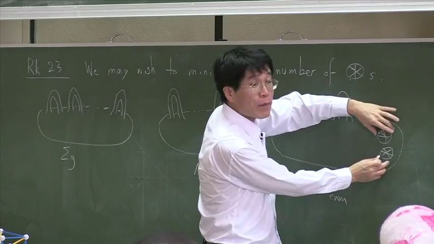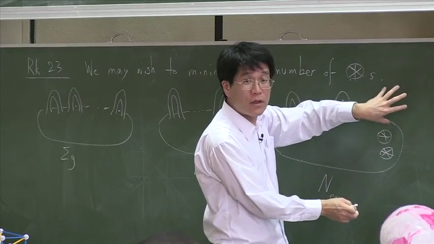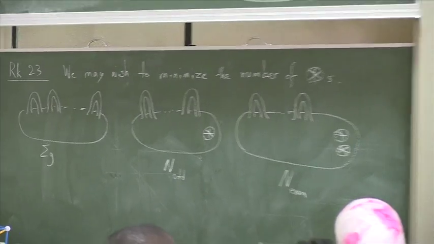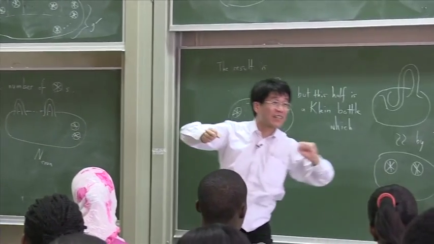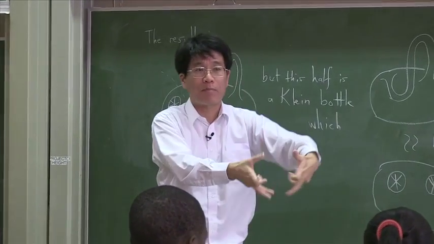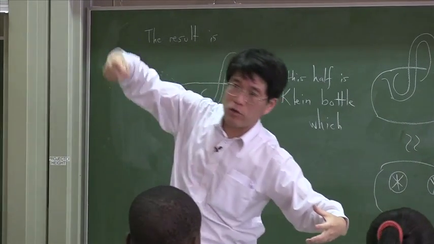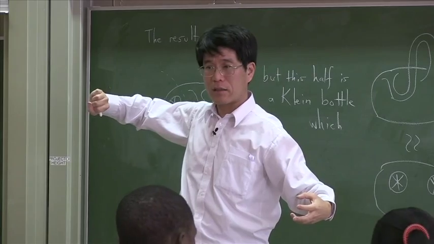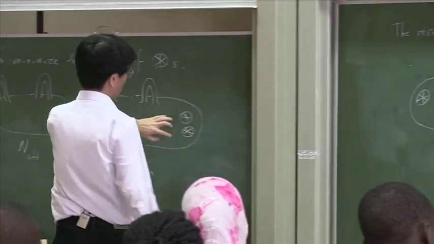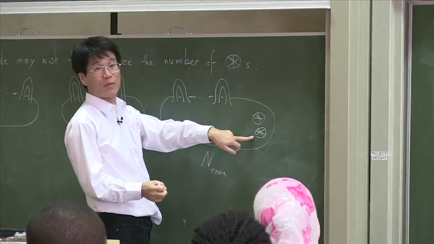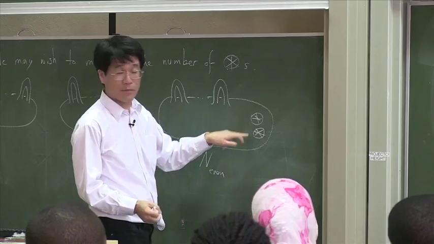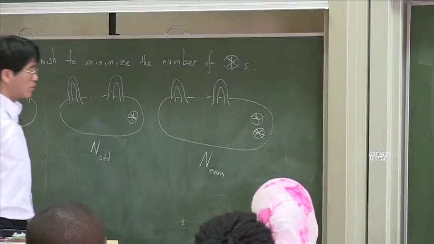Because you see, if I combine these to make a Klein bottle, then there is no more of that magic zone left over in which to slide the Klein bottle and make it into a handle. I have to leave this patch of magic land where you go in and come out on the other side. That's a movie strip. So in order to keep this reversal process, I have to leave at least one movie strip, but that makes me obliged to leave two at the same time. So you get this standard form.